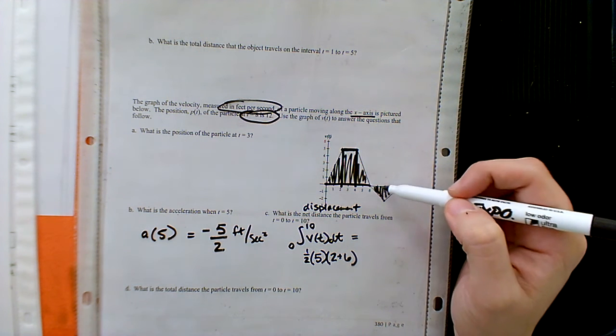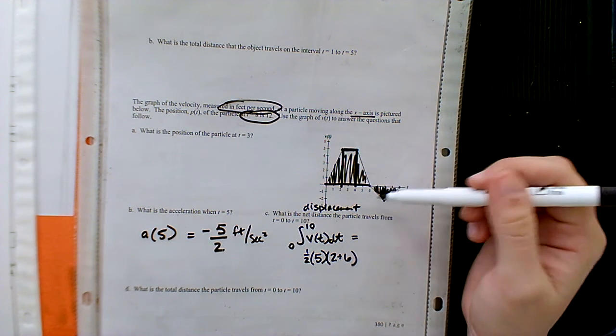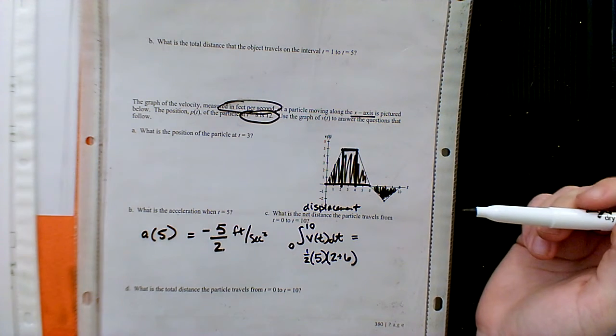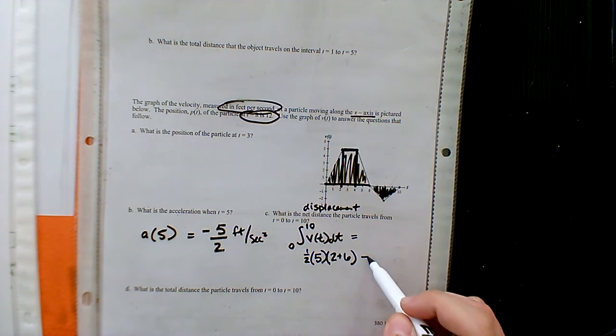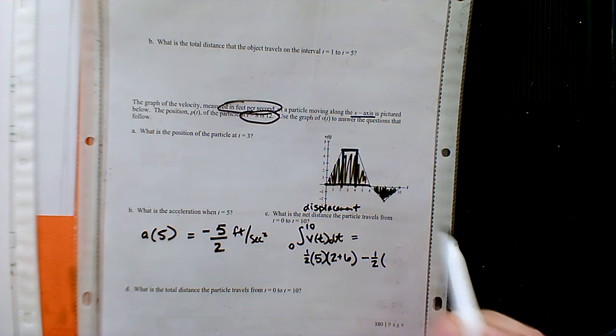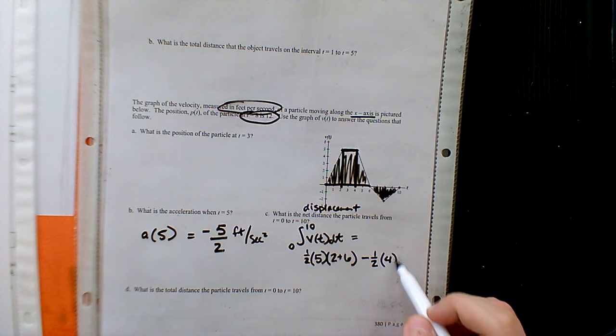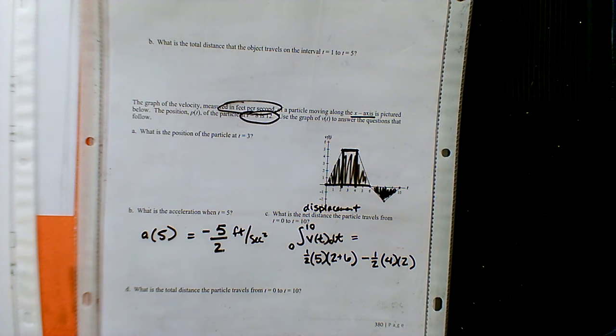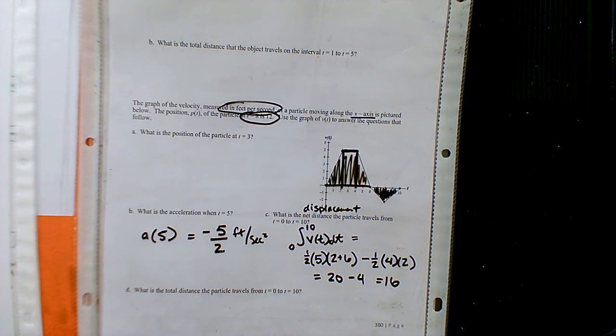Then we have to add the area from this triangle piece, but notice how the triangle is underneath the x-axis, so it would actually be negative. For our calculation, we'll have 1/2 times the base of 4 times the height of 2. Let's see, 8 times 5, 40, half of that, 20, half of 4 is 2, times another 2 is 4, looks like we get 16.